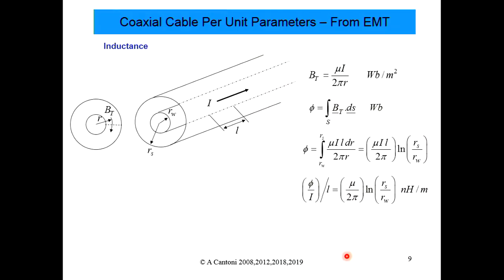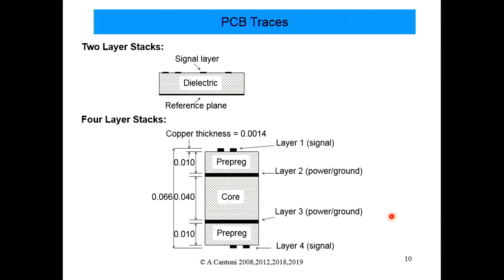That would be the C in our model. We can also get the inductance, which is phi on I, which defines inductance, should write down L here, per unit length. It's also dependent on a constant times the ratio of the different radii. We'll go through that in EMT, don't know that yet.